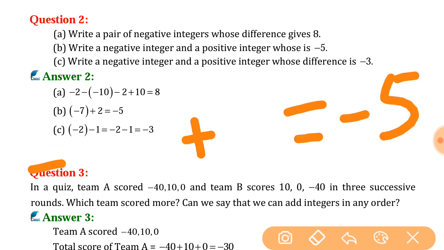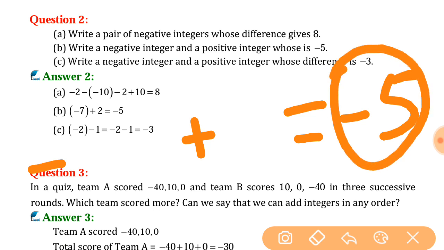See, just before I have explained to you. See the answers when you are choosing the pair of integers. If it is negative, then the bigger numeral should be negative only. Whenever you are taking the integers, the bigger numeral should be here because of this.